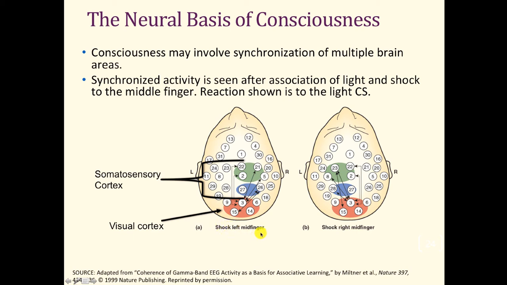If the shock came to the left finger, we can see that when the light gets turned on, there is synchronized activity in the visual cortex back here, corresponding to the light, at the same time that we see synchronized activity in the somatosensory cortex on the right hemisphere of the brain. Why the right? Because the shock came to the left finger, and remember, the right hemisphere of the brain is the one that is involved in processing the sensory information to the left side of the body.